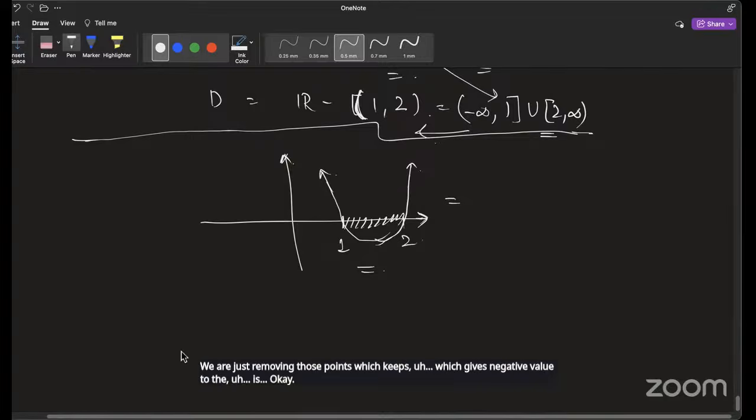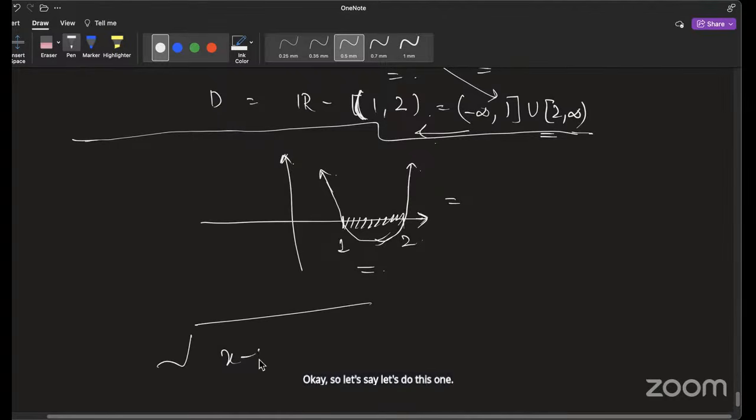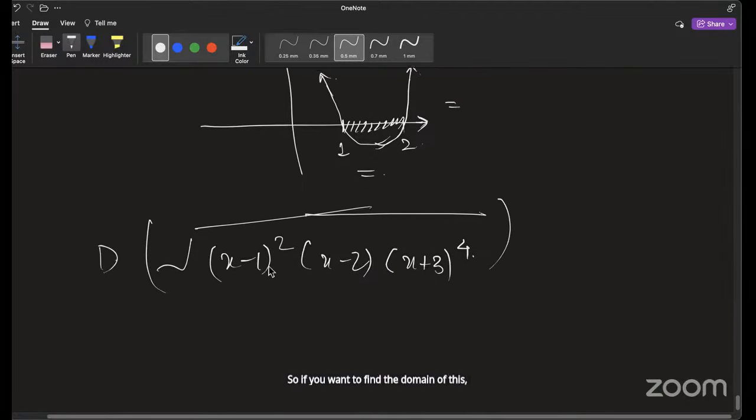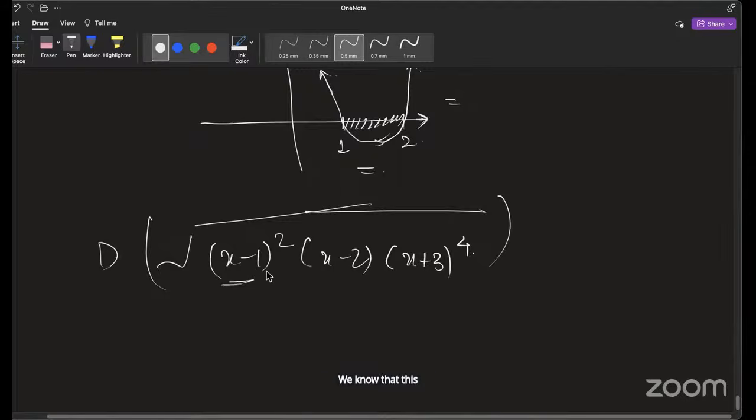Okay, so let's do this one this time. Let's say you have this. If you want to find the domain of this, what you need to make sure is that this innermost thing is positive. If you have realized it so far, we just want this thing to be positive, right?